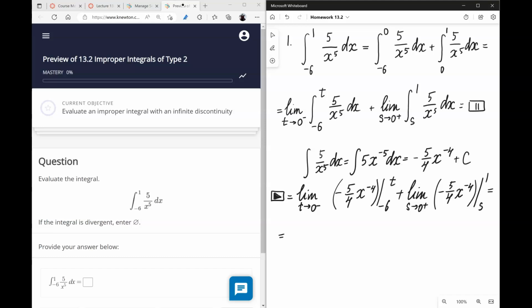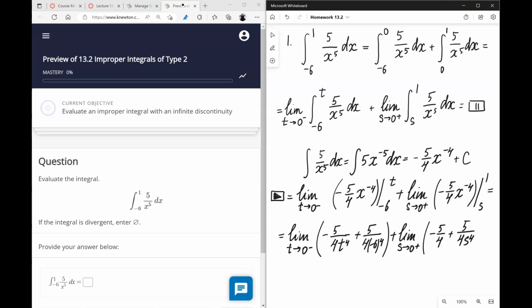Now, by the fundamental theorem of calculus, the first integral evaluated at t is this, and evaluated at -6, and the second one evaluated at 1 is just -5/4, but evaluating it at s gives us this.